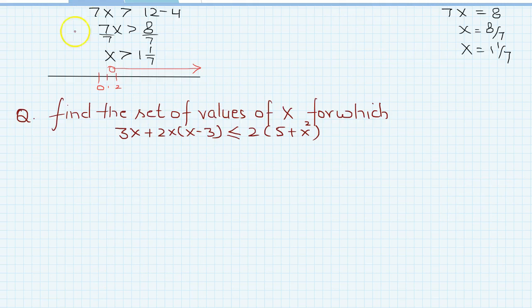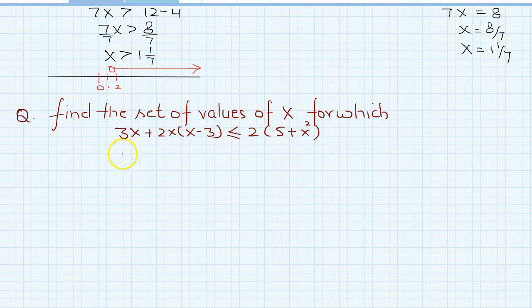Now another question is: find the set of values of x for which 3x plus 2x(x minus 3) is less than or equal to 2(5 plus x squared). Again, it is going to be solved the way we solve a linear expression or a quadratic expression. So let's try to solve it. First we open the brackets.